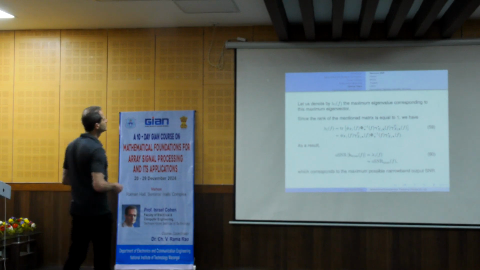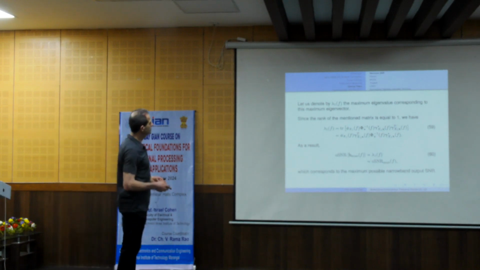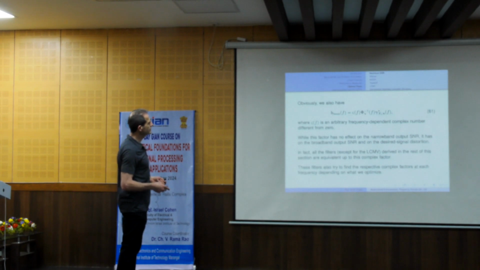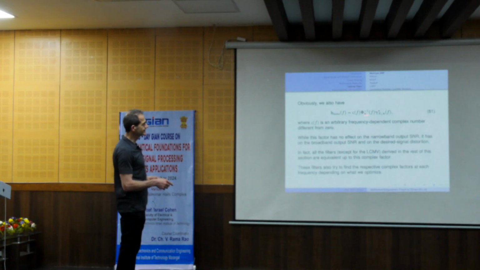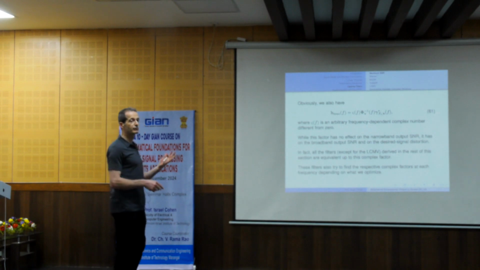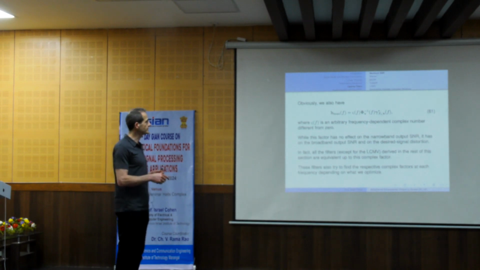Okay, so I don't know if we have time. So we will continue. Actually, any filter that is proportional to this eigenvector, we can take any proportion here, any numbers, but these numbers can depend on the frequency because we do it for each frequency separately.